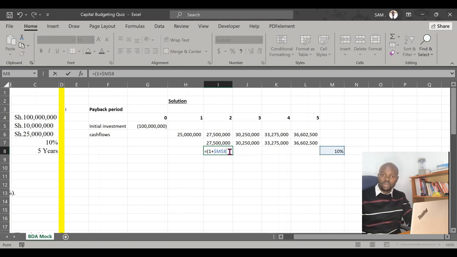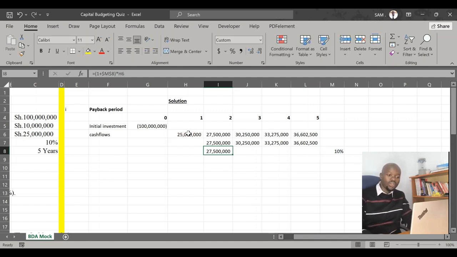Or if you opt to go manually, like in the previous Excel lessons that we've covered here, you'll physically insert the dollar signs before the column and before the row reference figures there. So I close that bracket, and then I multiply that by the previous year's cash flow, which I'm growing. If I hit Control Enter, you will see I have the same cash flow. And because I've fully fixed the growth rate, I do not have to repeat the same in all the other cells.